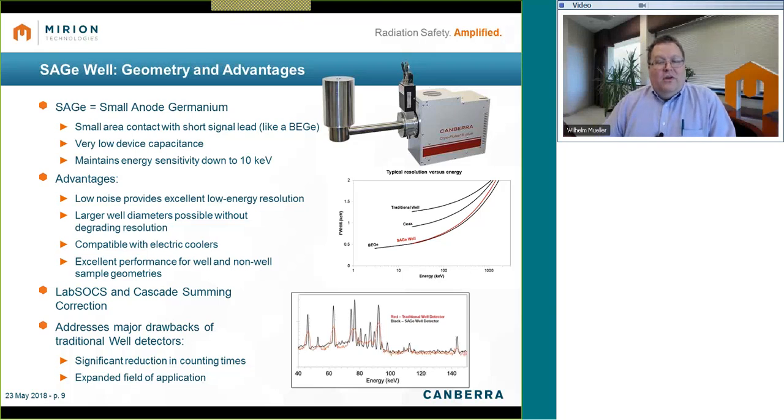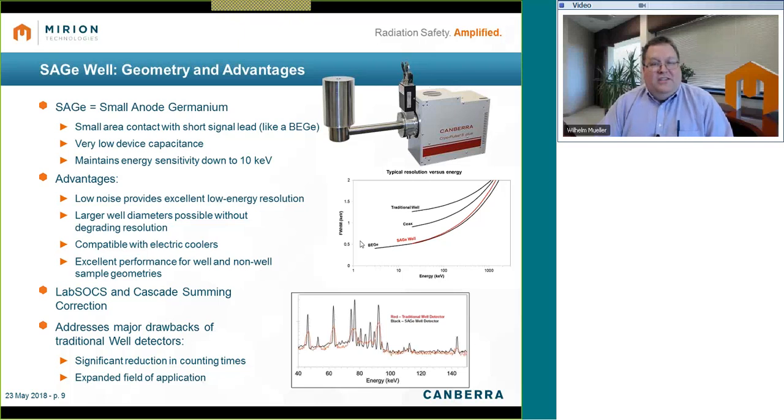And therefore, one can have large detectors for samples in the well that have a response that gives you BEGe-like energy resolution. So now, with these types of detectors, one no longer has to sacrifice energy resolution in order to maximize the solid angle coverage by putting a sample in the well.